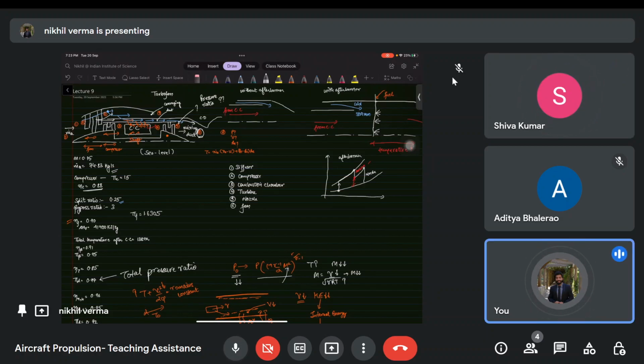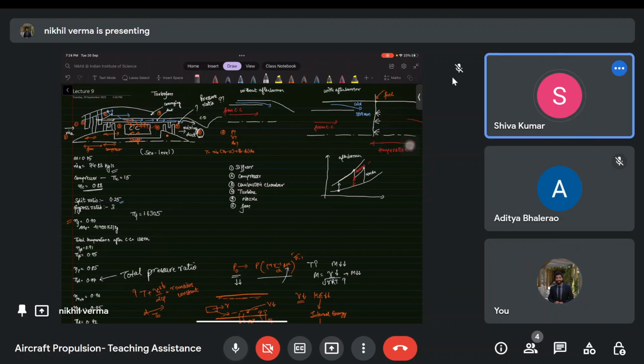Whenever friction is there, the total pressure will decrease. However, if you are not adding any heat or any work to the system, the total temperature will not change. So whatever pressure is dropping due to the increase in velocity is only the static pressure, right, sir?